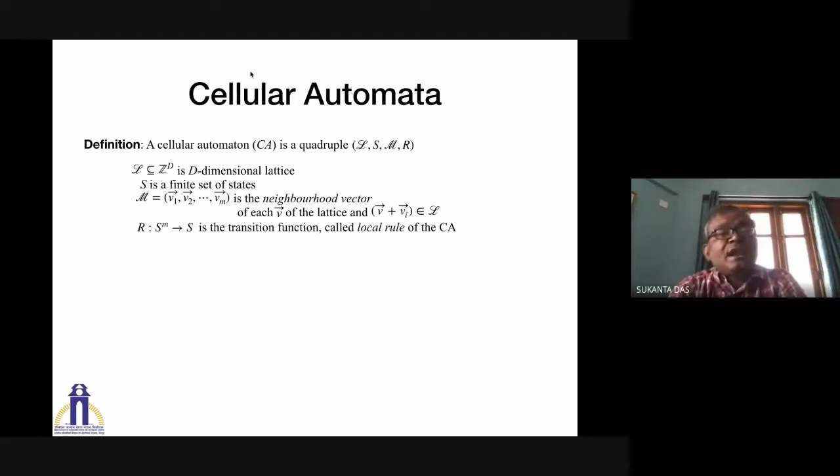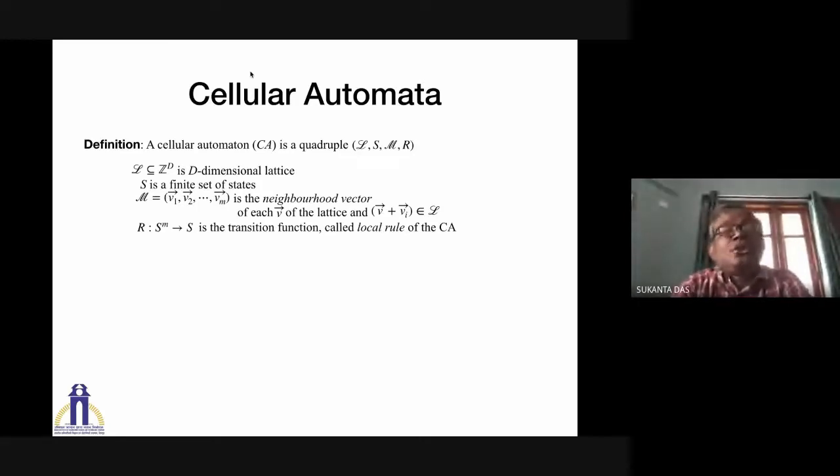Each Vi is a cell of my lattice, and the cell under consideration, say V, depends on these m neighbors.